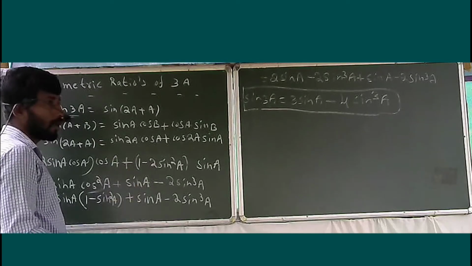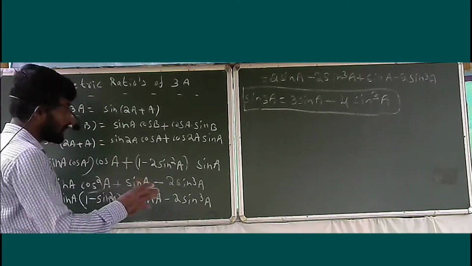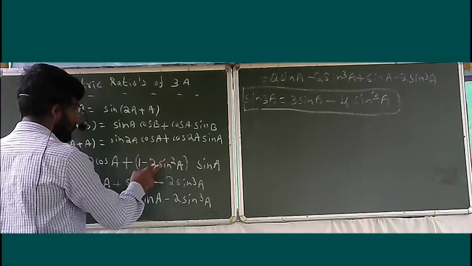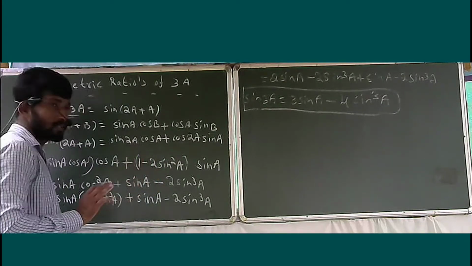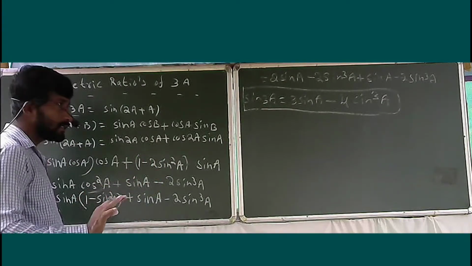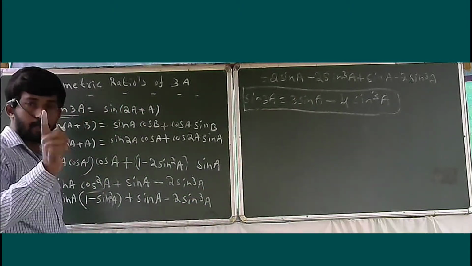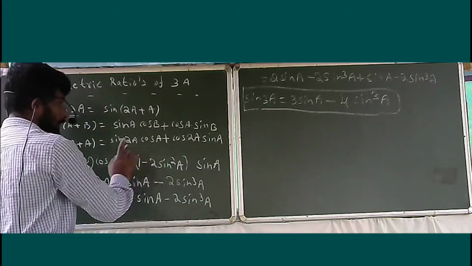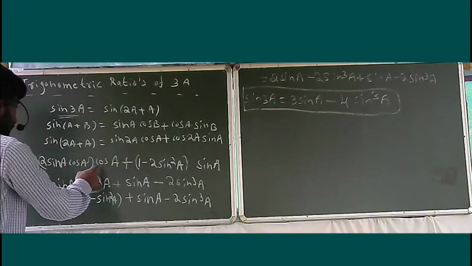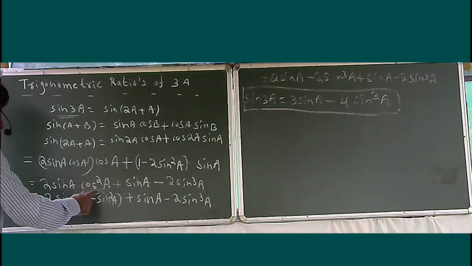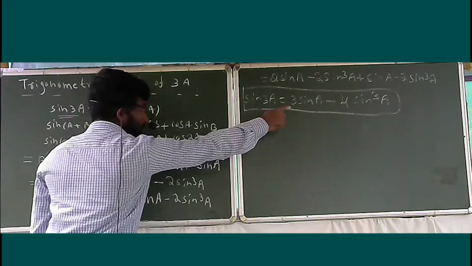We have the formula. Out of three formulas, you are selecting cos 2a equal to 1 minus 2 sine square a formula. Reason is we want sine function in the RHS. To remove cos function, you are selecting that formula. Then see, here multiplying you will get cos square a. We want only sine.